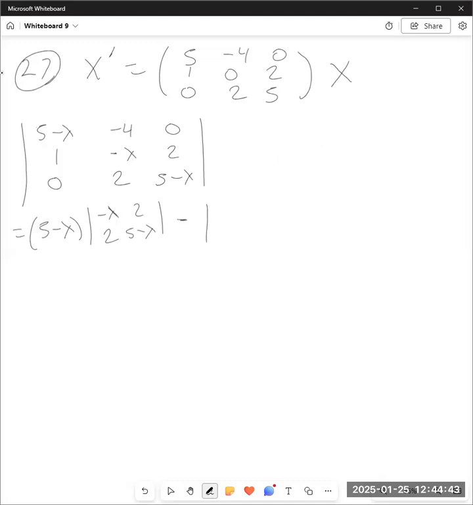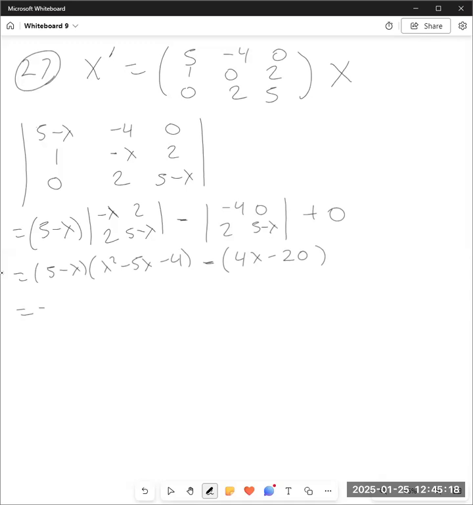Minus, and then -4, 0, 2, 5 minus lambda, and then that's plus 0, so I'm not really worried about that one. So this is 5 minus lambda times lambda squared minus 5 lambda minus 4, minus, and then this is 4 lambda minus 20, minus 0.